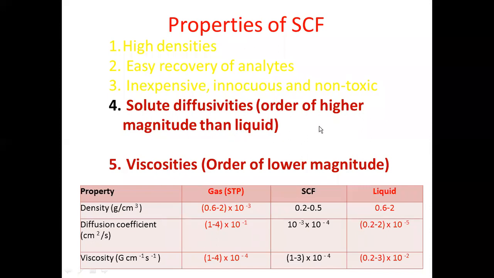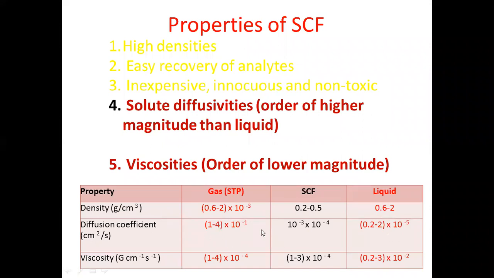Solute diffusivities. The diffusivities are of higher magnitude than liquids. 0.2 to 2 into 10 power minus 5 centimeters square per second is the general range of diffusion coefficient for liquids.